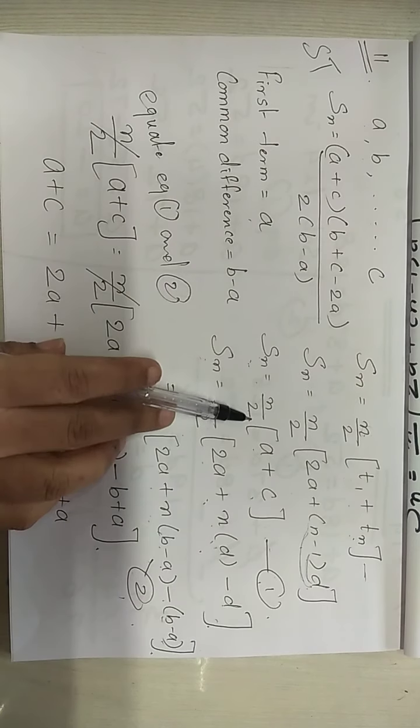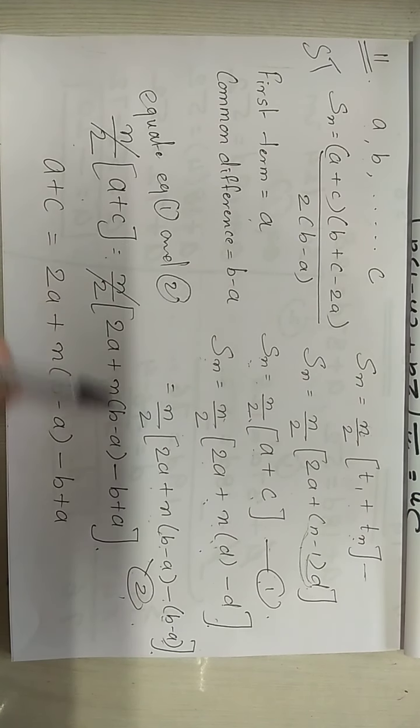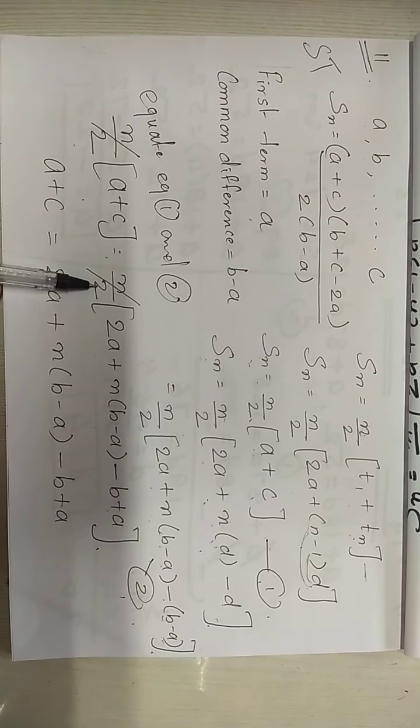Equation 1 is n upon 2 (a plus c), equal to equation 2, n upon 2 (2a plus n into (b minus a) minus (b minus a)). Now open the bracket: minus b, minus minus becomes plus a. Now n upon 2 cancels because it is on both sides.